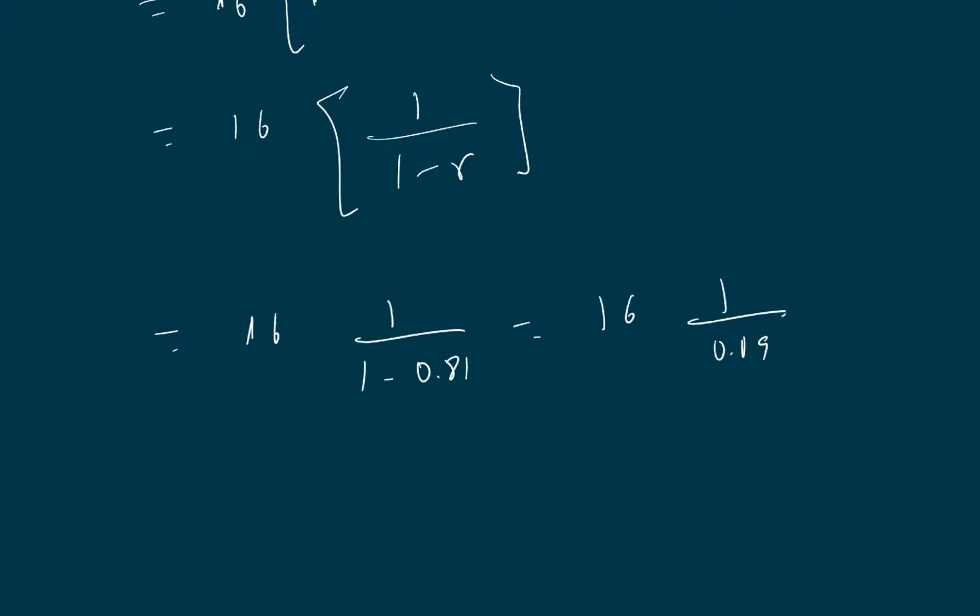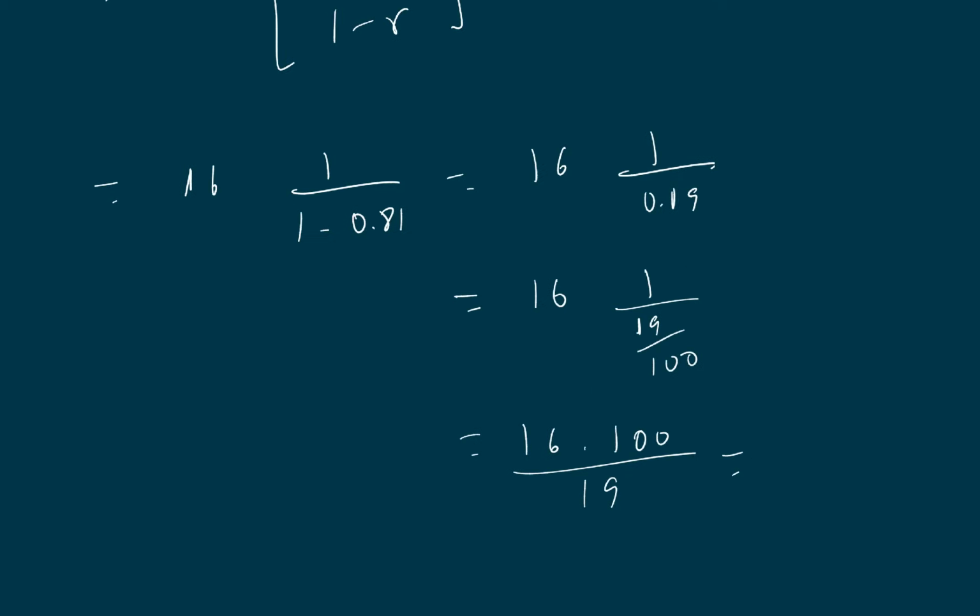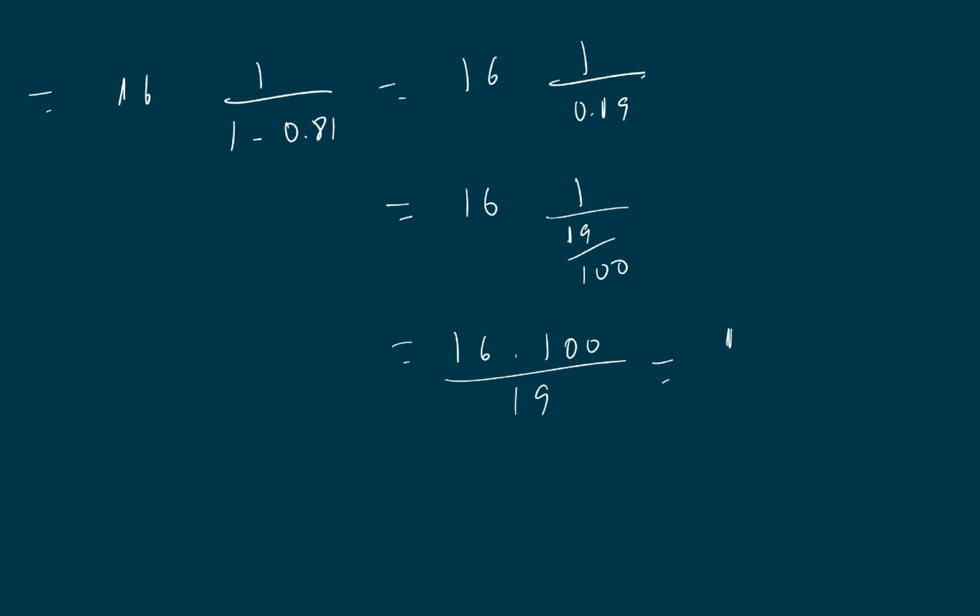This is 16 divided by 19 over 100, so 1,600 divided by 19. And I must not forget I have to multiply this result by 2.